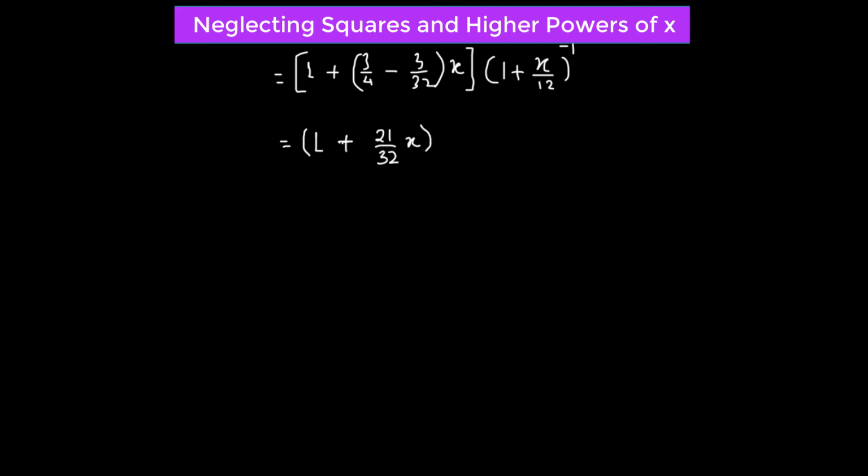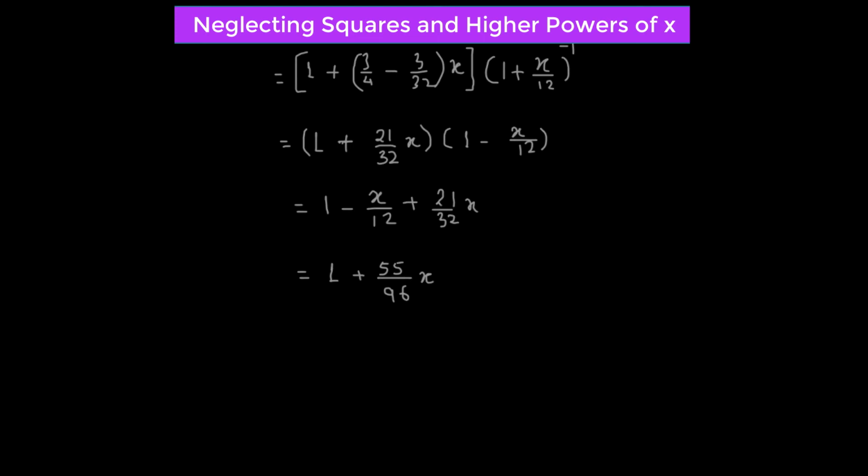We applied the binomial approximation to the second expression, so that would be simply 1 minus x over 12. Then we FOIL the two expressions, and that would give us 1 minus x over 12 plus 21 over 32 times x, and that would be finally 1 plus 55 over 96 times x. So this is the binomial approximation for the given algebraic expression.